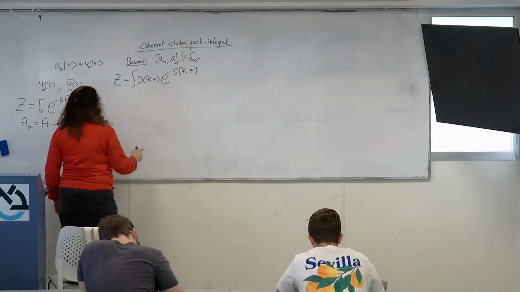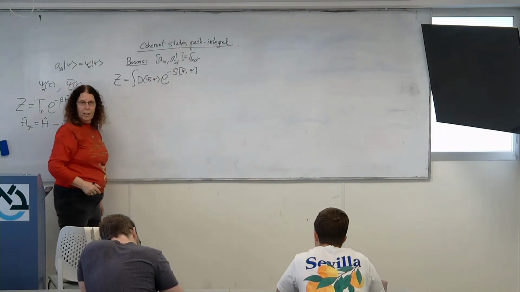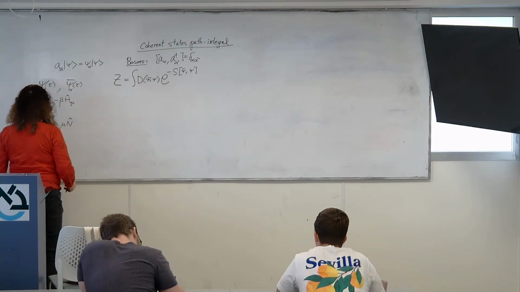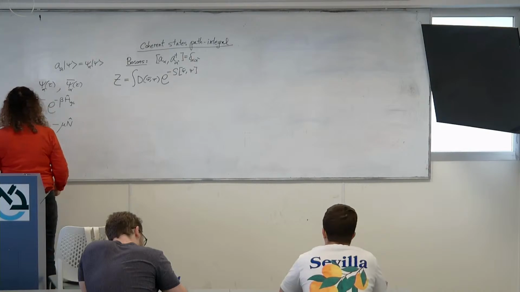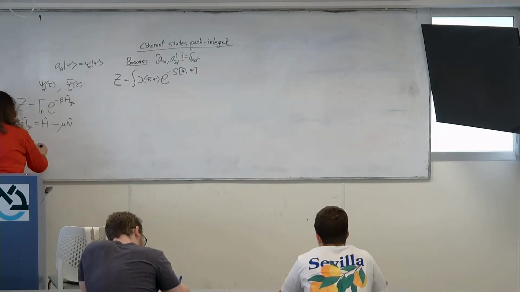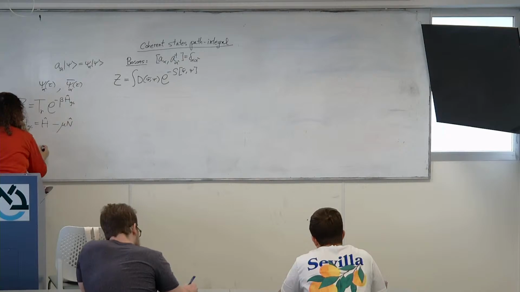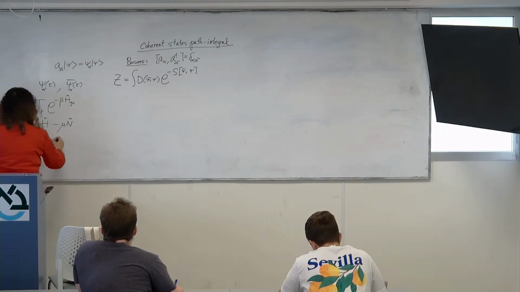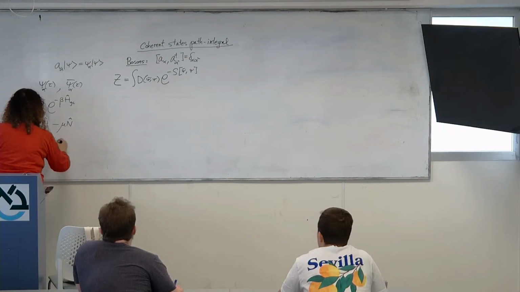And when I'm writing psi without any indices, what I'm referring to, let me write it on the side, is an implicit way of writing something that is actually an array of complex variables.